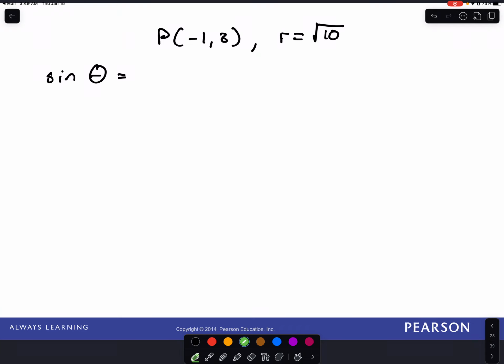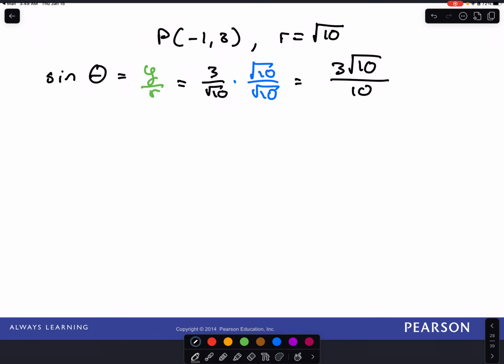So sine of theta should correspond to y over R, so it should be 3 over root 10. We rationalize. So then we get 3 root 10 over 10.